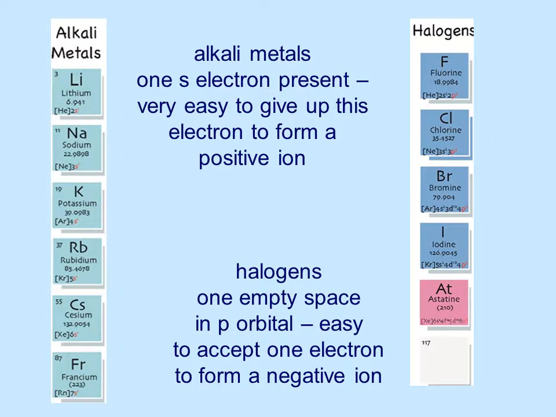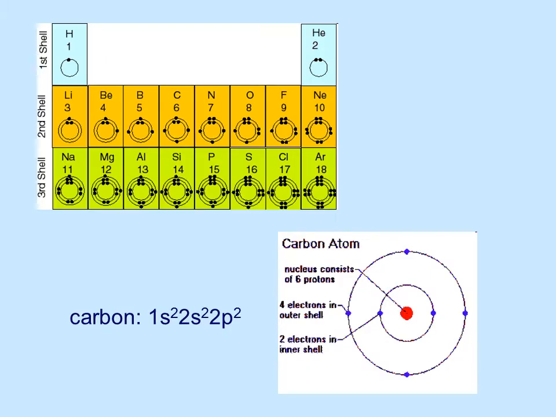The alkali metals all have one s electron present. It's very easy to give this s electron up and to form a positive ion. The halogens have one empty space in a p orbital. They have 5p electrons. It's much easier for them to accept one electron, giving them a p6 configuration, and then they would form a negative ion, and we'll make use of that later.